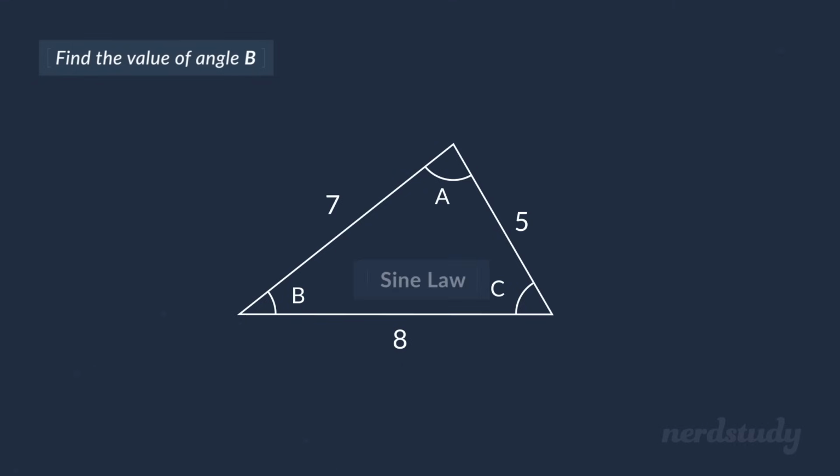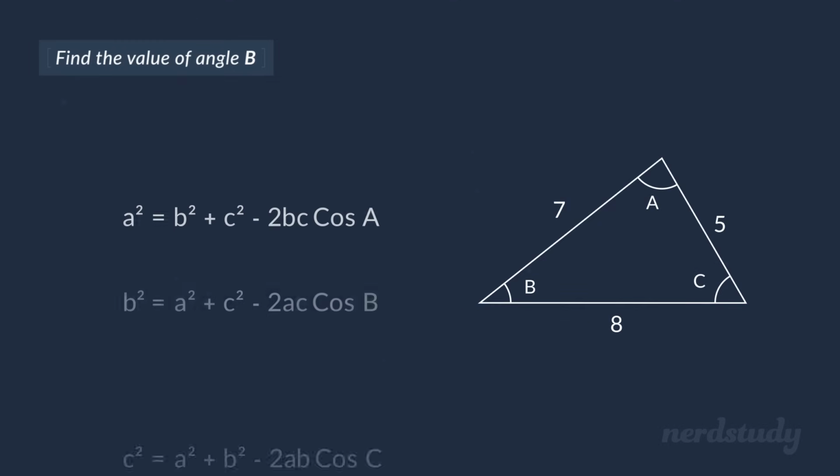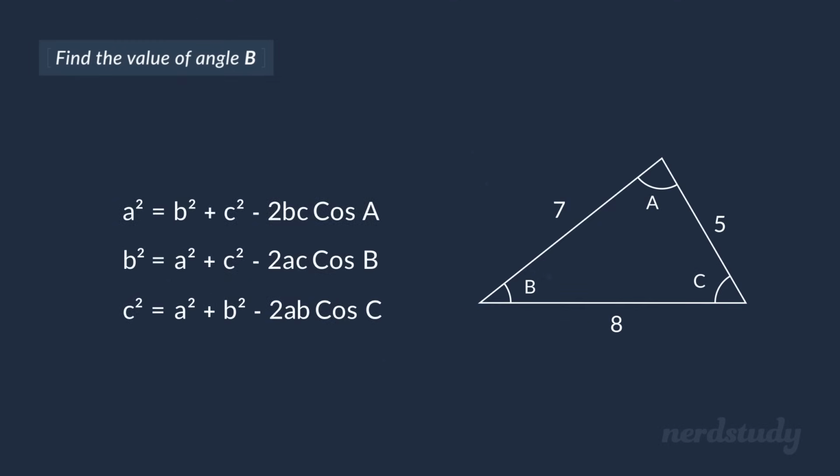Again, this is definitely not the time to use the sine law, since we don't have any angles to use at all. But since we're provided with the values of three sides to a triangle, we can in fact use the cosine law here as well. So let's try this example to explore this idea further.